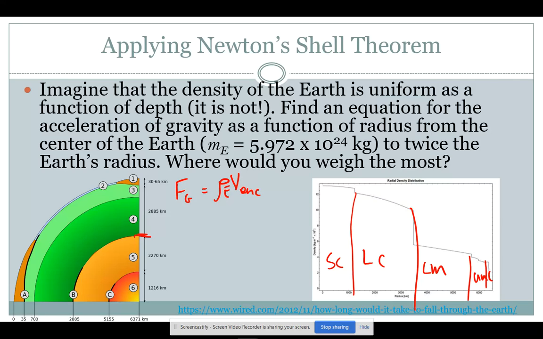That's the mass that's closer to the center of the Earth than you. Then, of course, we have to multiply by the mass of you, that capital G, and over the radius, I'll just put lowercase r here, squared. Right, that's saying the mass that I'm using for the Earth is just the portion of the Earth that's in regions 5 and 6, as Nathan said. The mass is closer to the center.